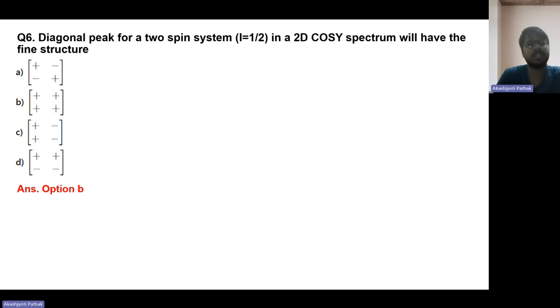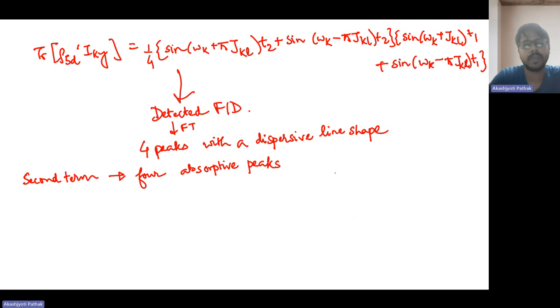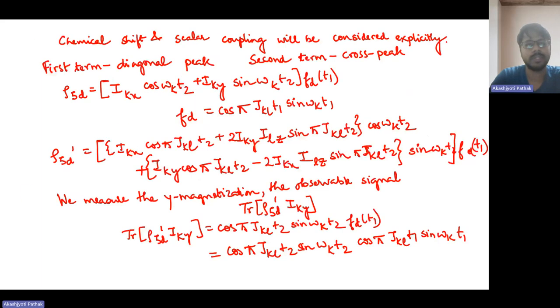Yeah, so the correct answer for this question is option B, right? Just now we saw this. All these we are seeing have positive dispersive line shape. Okay, four peaks with dispersive line shape, and if we do the second term, so these ones.